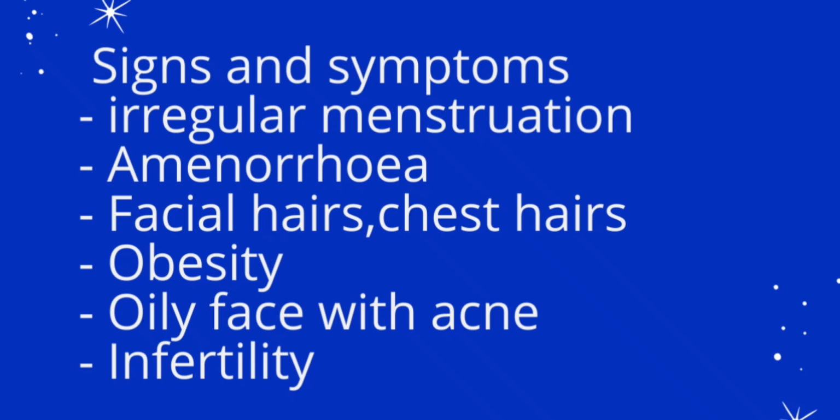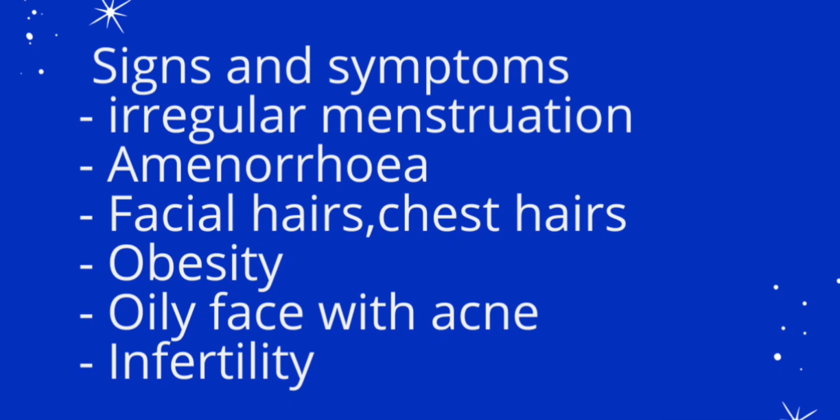So that leads us to the signs and symptoms of PCOS. But before then, you have to bear in mind that some people who actually suffer from this PCOS might not really exhibit any symptoms.